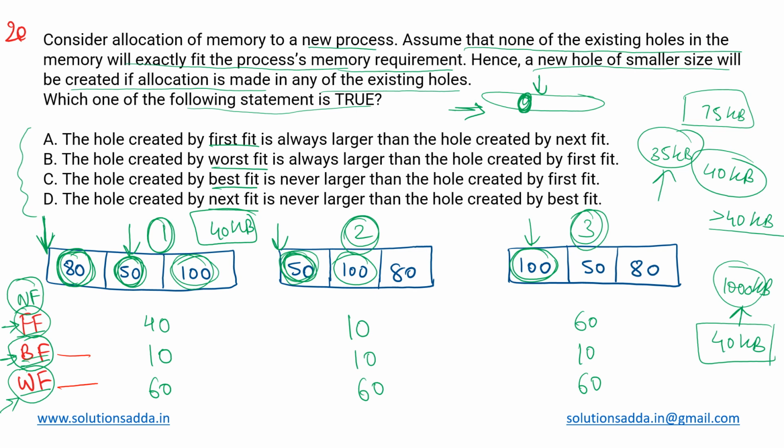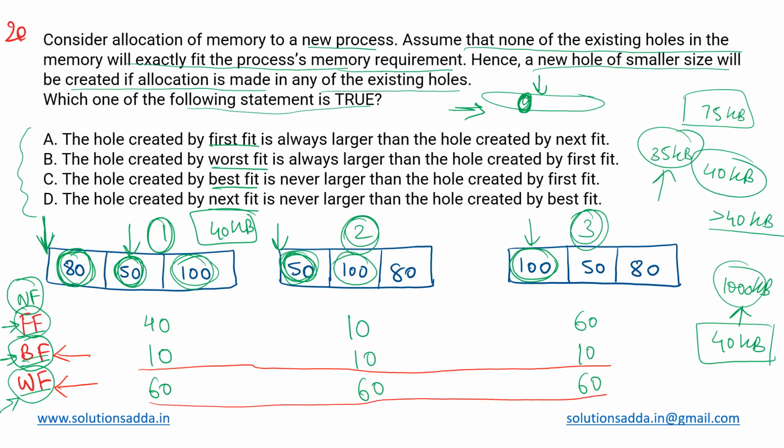The best will always choose the smallest possible hole, worst will always choose the largest possible hole, and hence you can see the hole size is same across all the cases in them, 10, 10, 10 and 60, 60, 60 respectively. But when it comes to first fit and the next fit, the size of the hole is variable depending upon which one was encountered first.